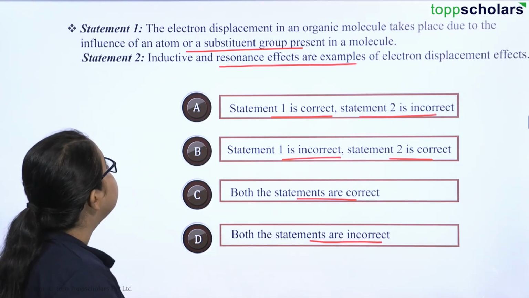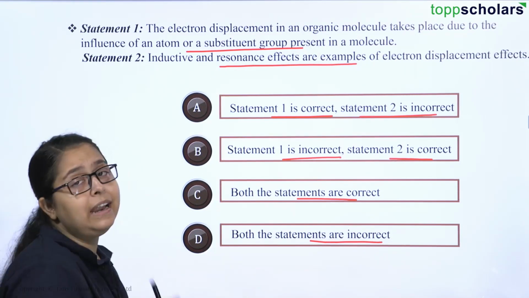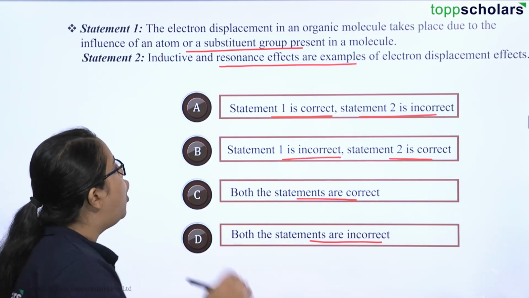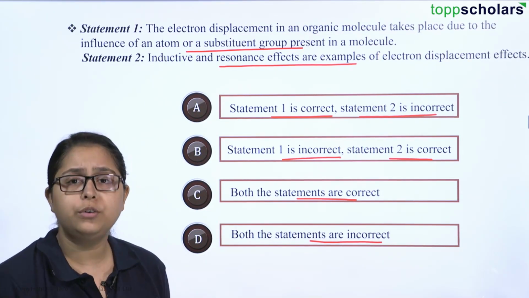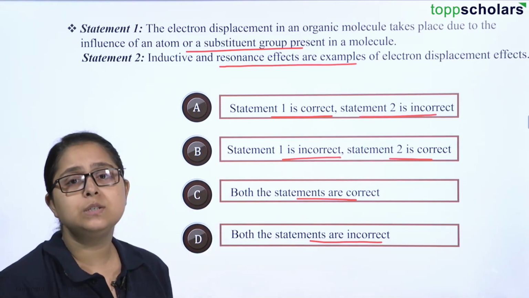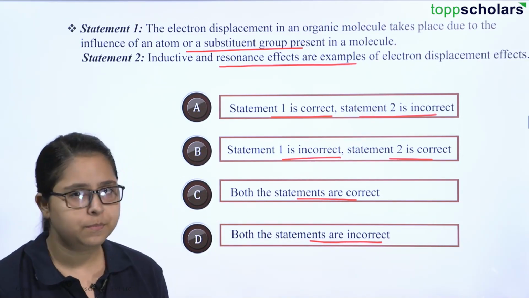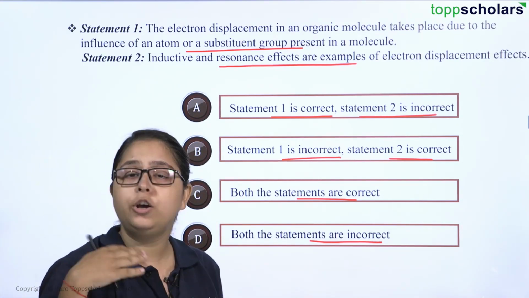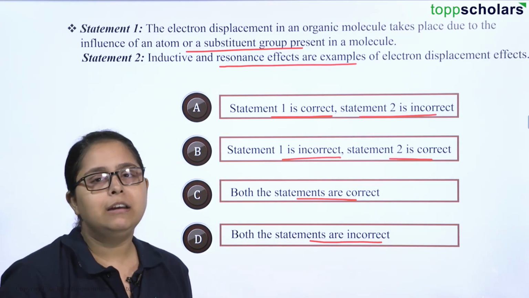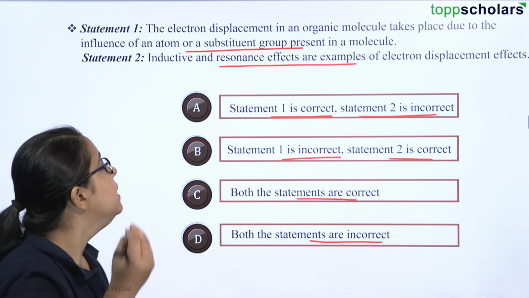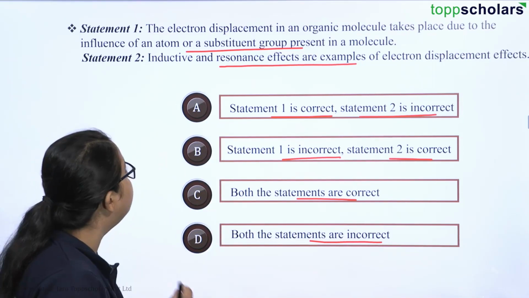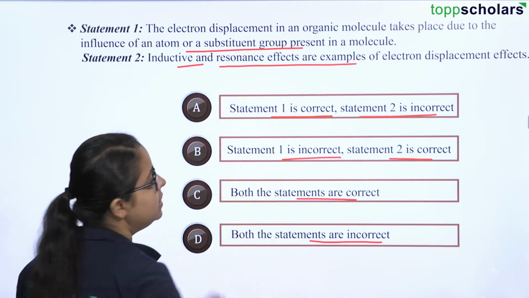Over here, this electron displacement in an organic molecule can take place due to the influence of an atom or a substituent group present in a molecule, or it can also take place when there is an attacking reagent. This electron displacement can be permanent or temporary. You might be already familiar with this, right? When we are talking about the permanent effect of electron displacement, we have the inductive and resonance effects.